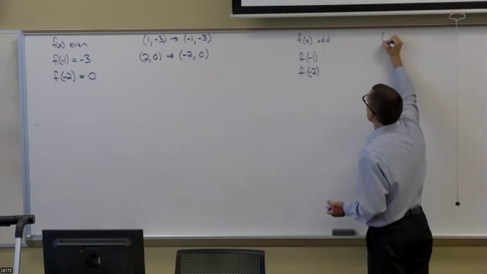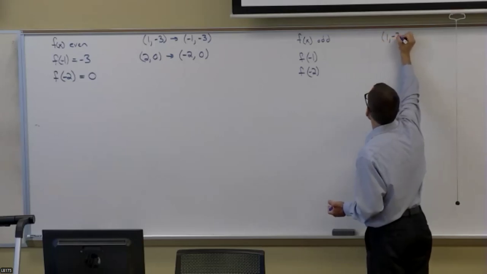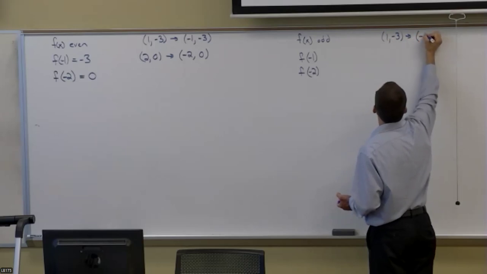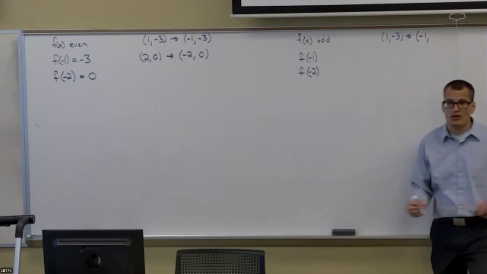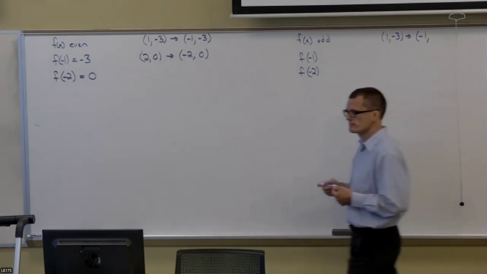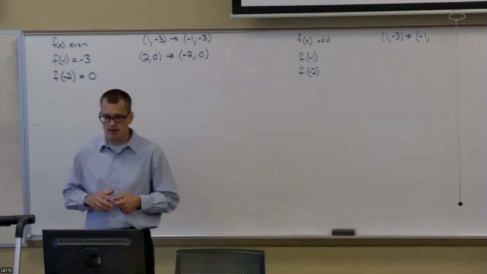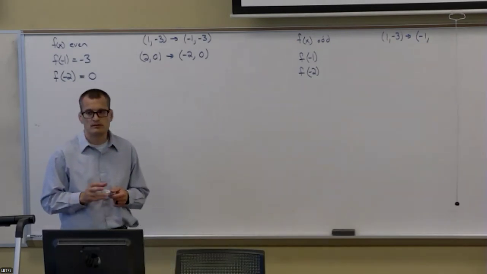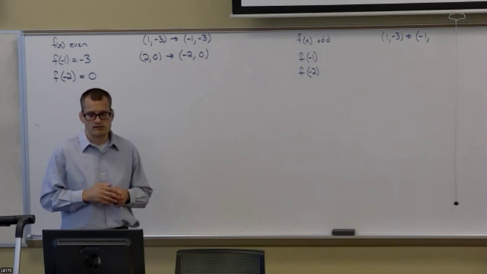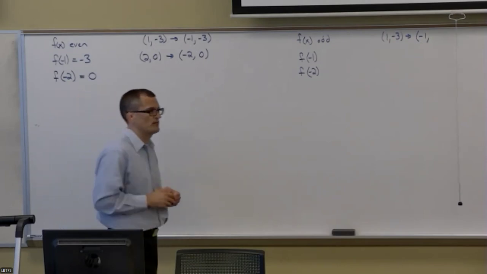If you know that the graph goes through the point (1, -3), what other point would we have to go through if f of x were odd? (-1, 3).